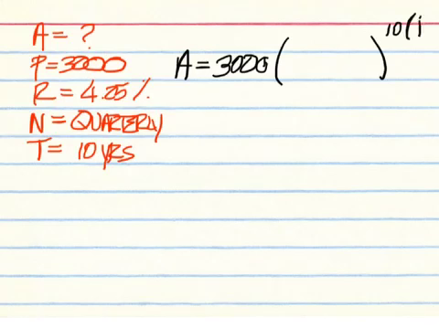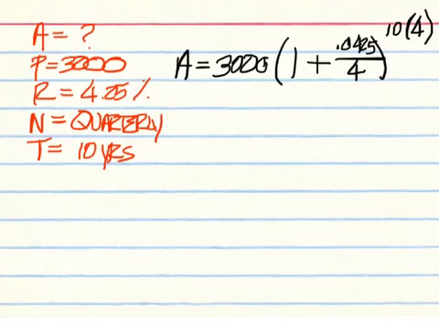So that means once every 3 months in a year. If I'm doing it every 3 months, that's quarterly, so you're doing it 4 times. And then we'll have 1 plus the rate, which is going to be 0.0425. And then divide by n, which again is 4.